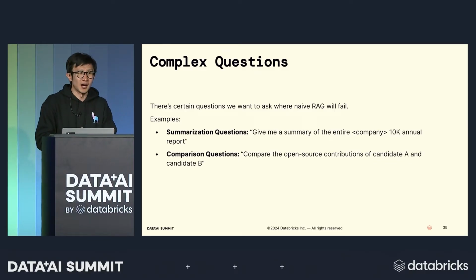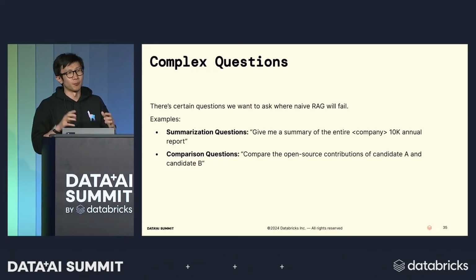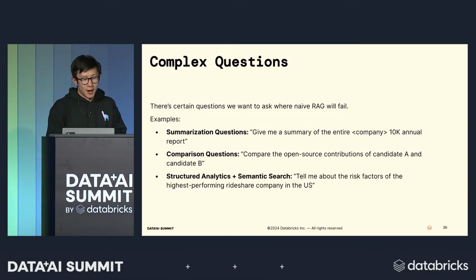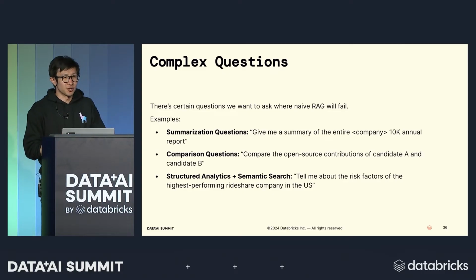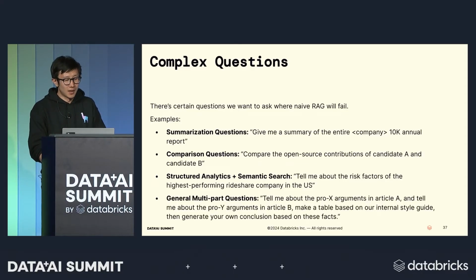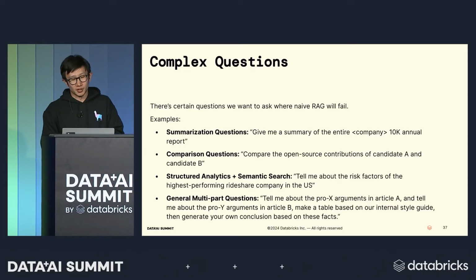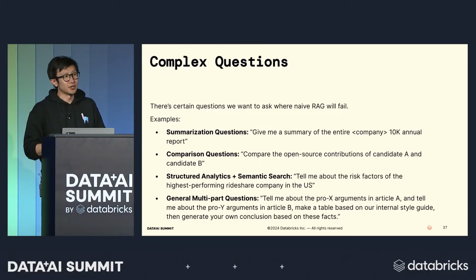We see this a lot when we talk to prospective customers, on just being able to ask these types of questions over multiple documents where they want to look at the differences between the 2. There are also questions that blend your knowledge of unstructured data along with structured metadata or annotations that you have stored somewhere. And then you also have general multi-part questions, stuff that's either very vague in scope or inherently contains multiple parts.